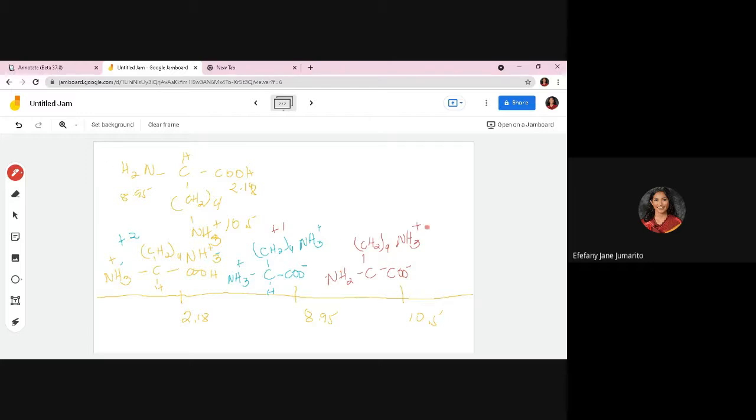So after losing a proton in your N group, after 10.5, your side chain will lose a proton. The carboxyl group is the same. Then we have the CH2 4, then NH2 and H2. Then we have another NH2.